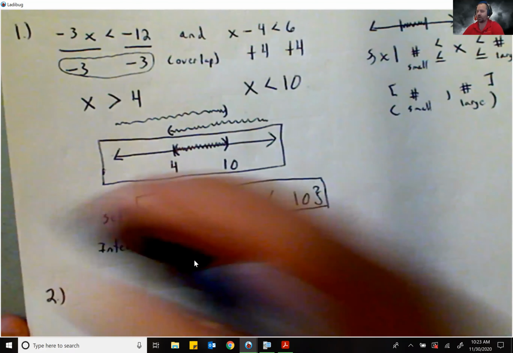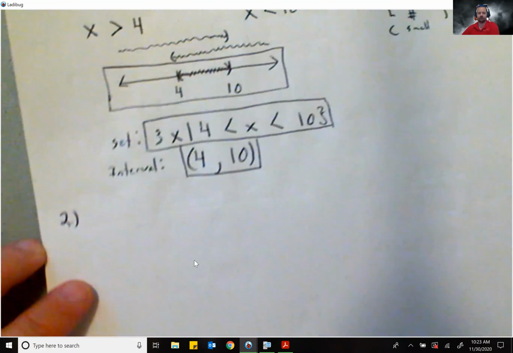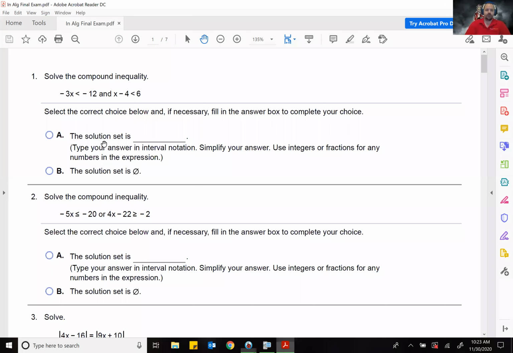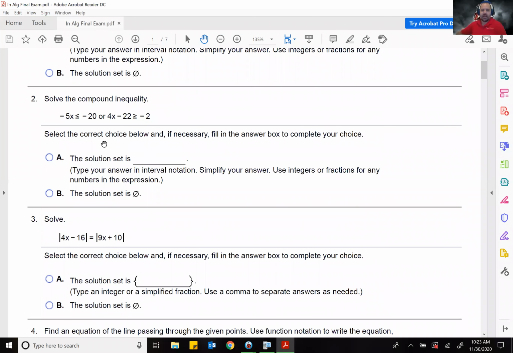Number 2 is another compound inequality. So is this one an and or an or? Or. This one is an or. And we know that because it says or. All right.